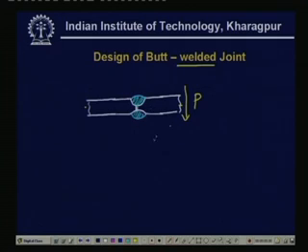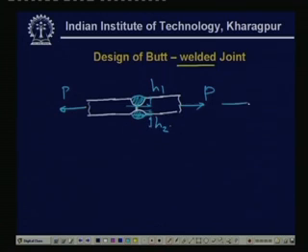So, now the effective cross section is reduced by some amount. Let us consider the same P axial load. Now, if this distance is H1 and this distance is H2, this part does not carry any load.